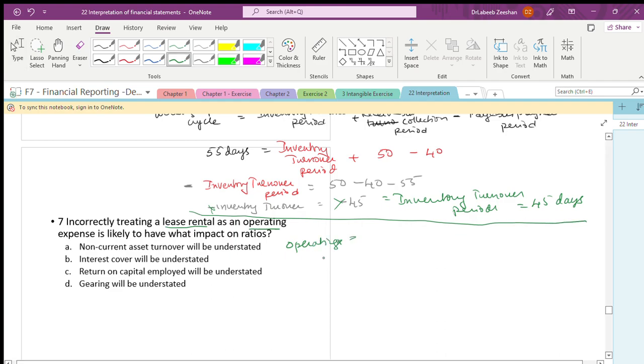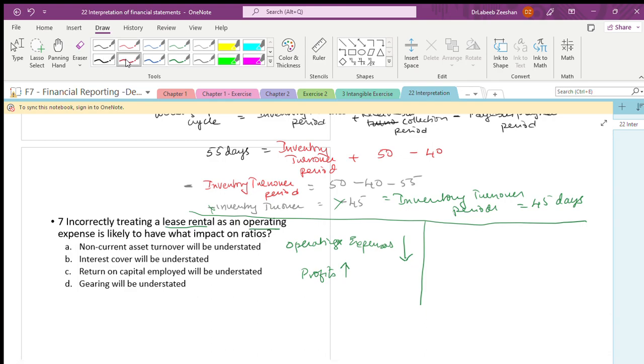If you are treating it wrongly, our operating expenses will be less and the profits will be more. This happens in the income statement.